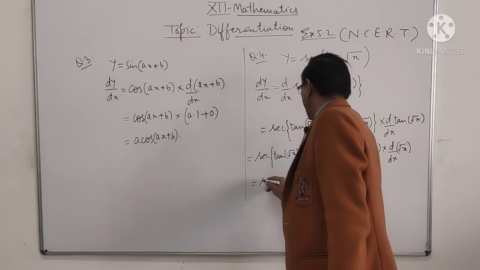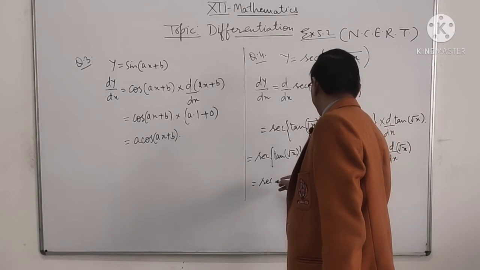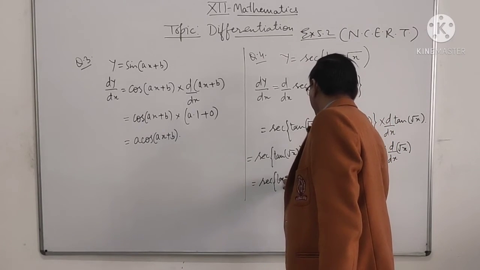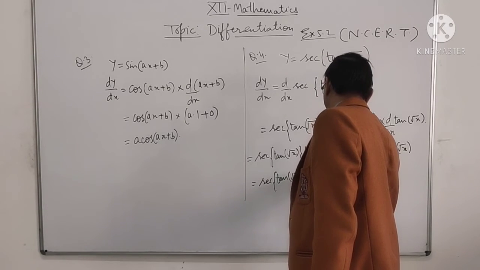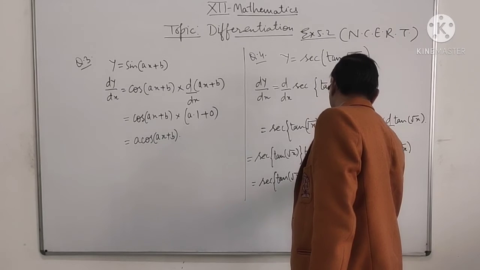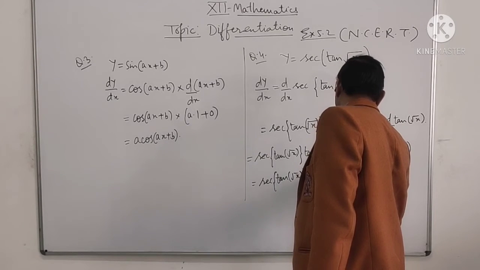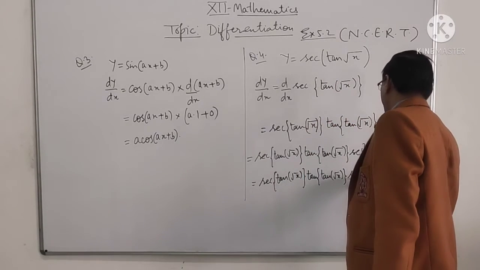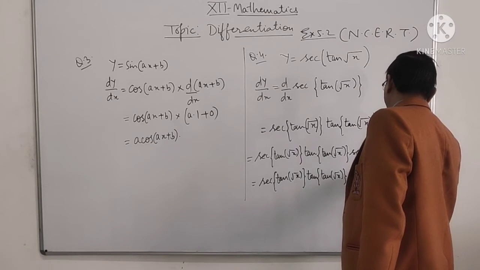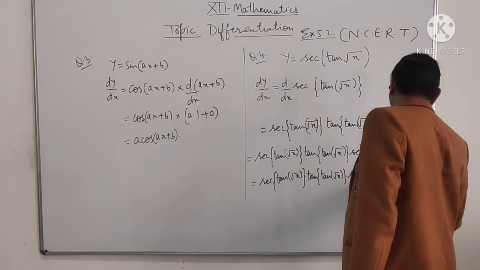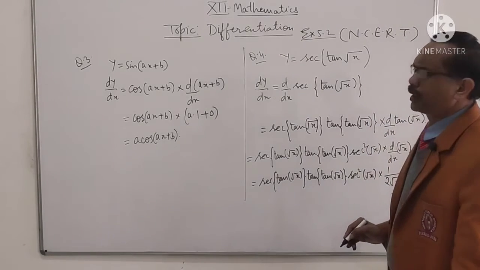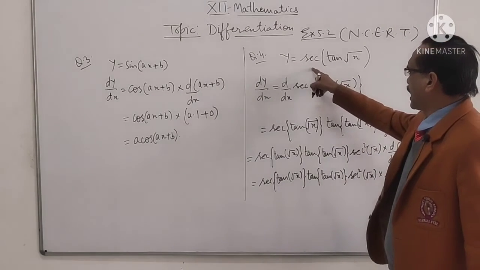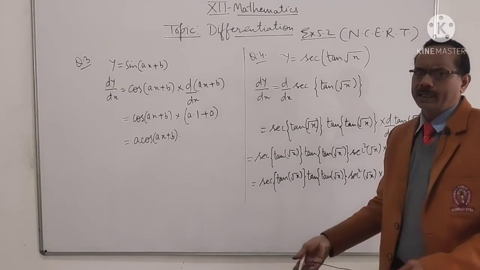So it is sec(tan root x) into tan(tan root x) into sec square root x into 1 upon 2 root x. So this is the derivative of sec(tan root x), by chain rule.